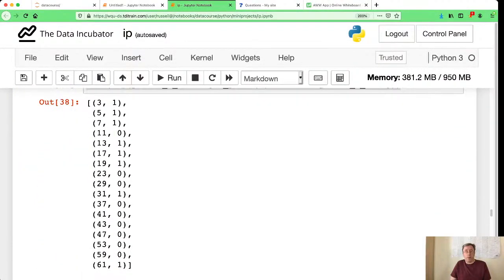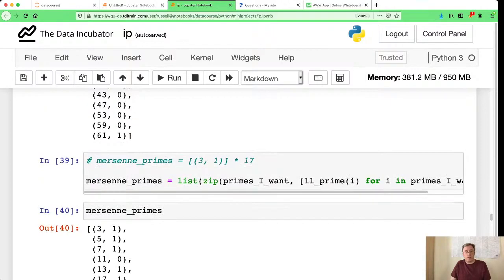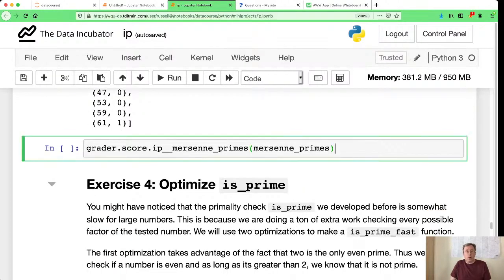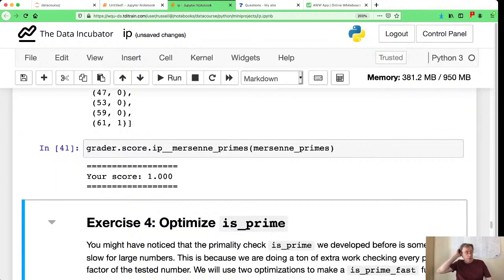And I could pass, so we made our list of tuples. I could pass this to the grader, and well, that's the right answer.